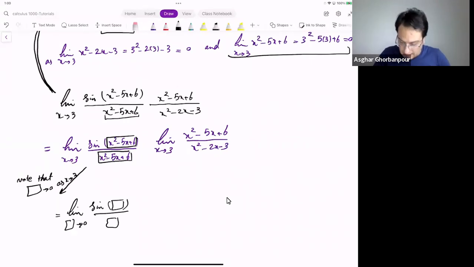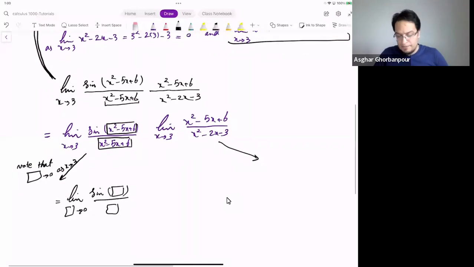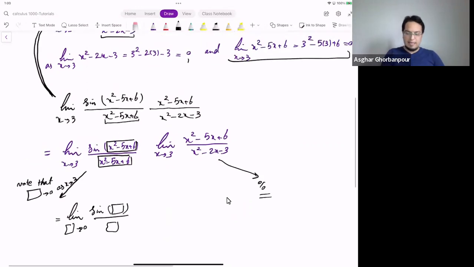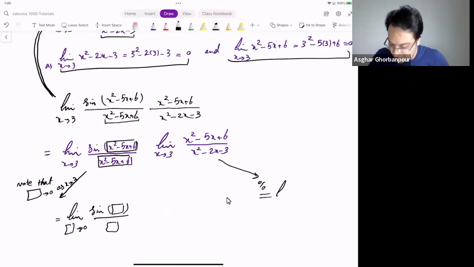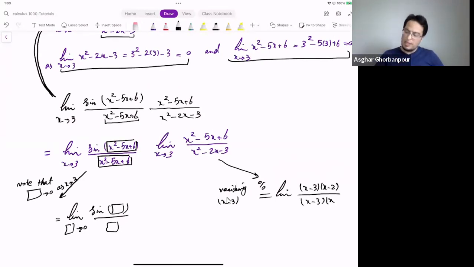The second one, if I compute that, I notice that I get 0 over 0, the same calculations that we did here. I have to factor it and cancel the vanishing factor, which in this case is x minus 3. So I have x minus 3, x minus 2, over x minus 3, x plus 1. That's just the factoring.